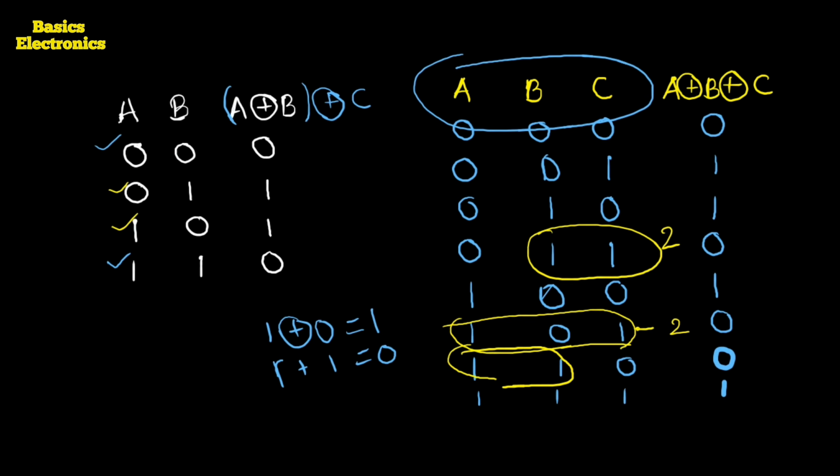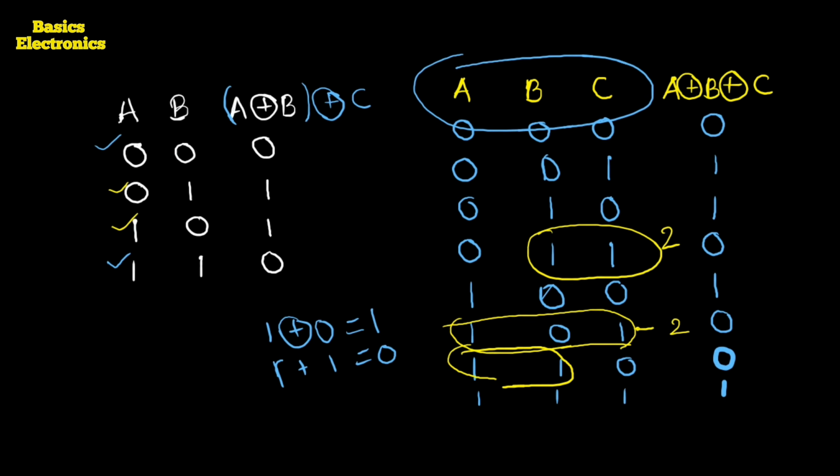Okay, so here we can say the XOR gate produces logically low output when it has an even number of logically high inputs, and the XOR gate produces logically high output when it has an odd number of logically high inputs.